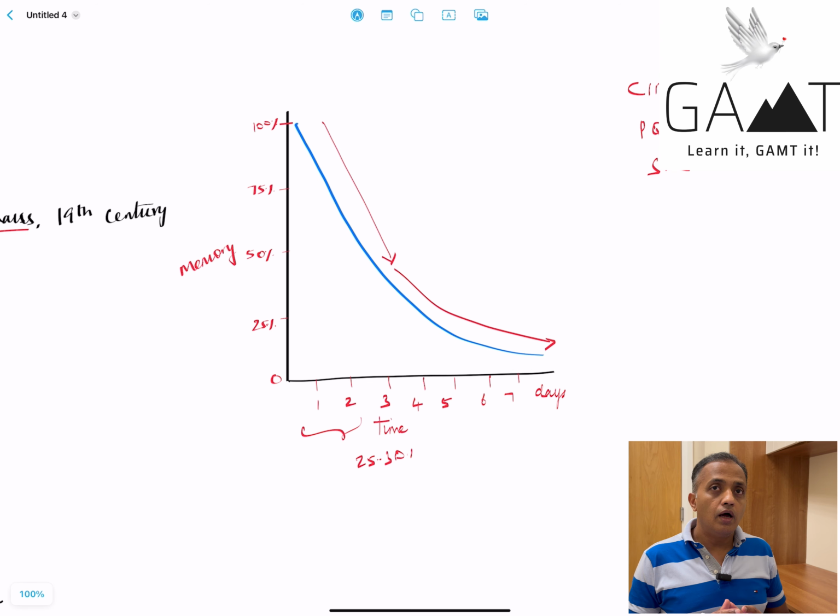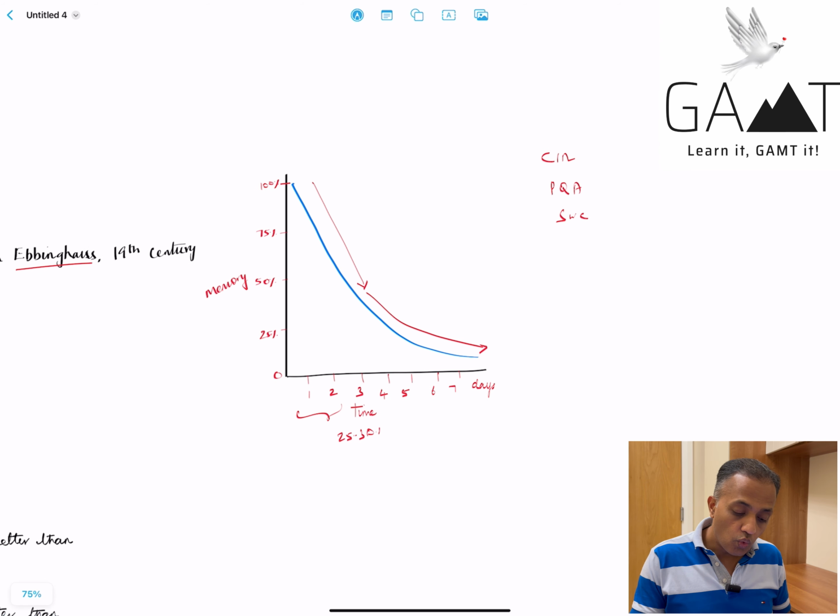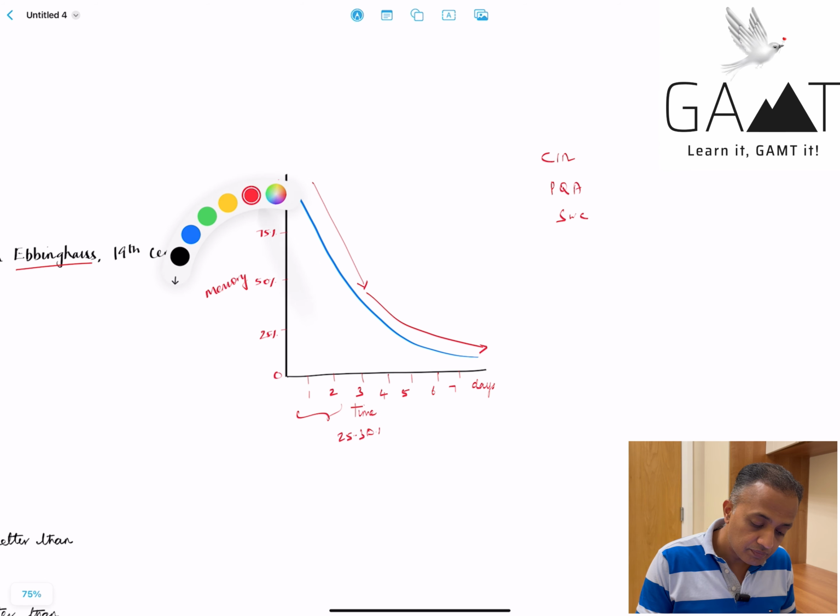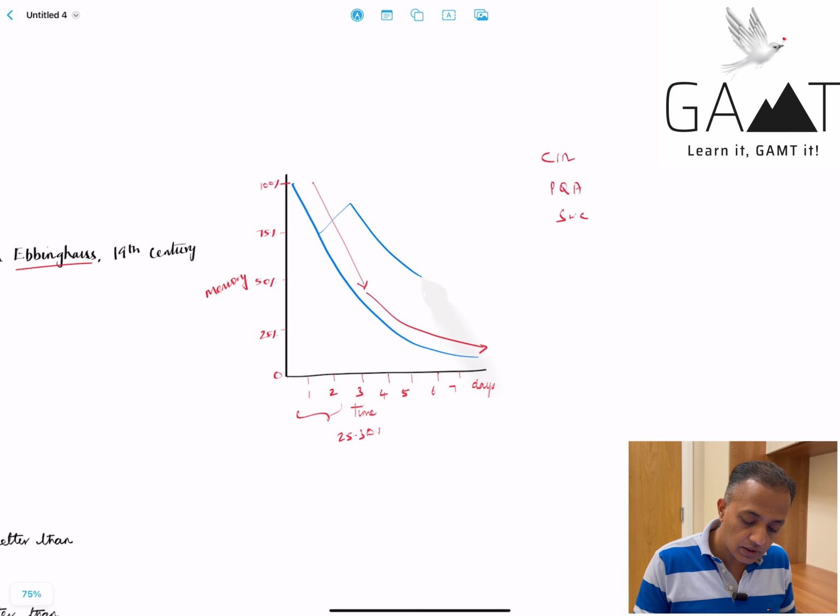As you saw, two things will keep stuff in the long-term memory: if the input is very detailed, or you have some sort of a recall strategy. What happens when you do a bit of recall is this curve changes a little bit. You do recall here, it goes up again, starts to decline like this. Go here, goes up like this. Goes up again, declines, goes up again, declines.